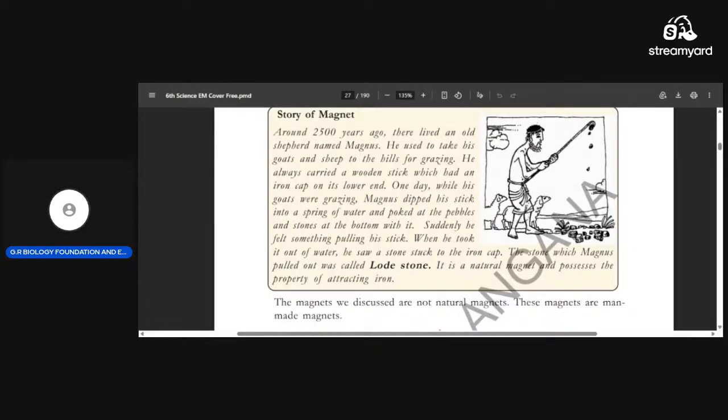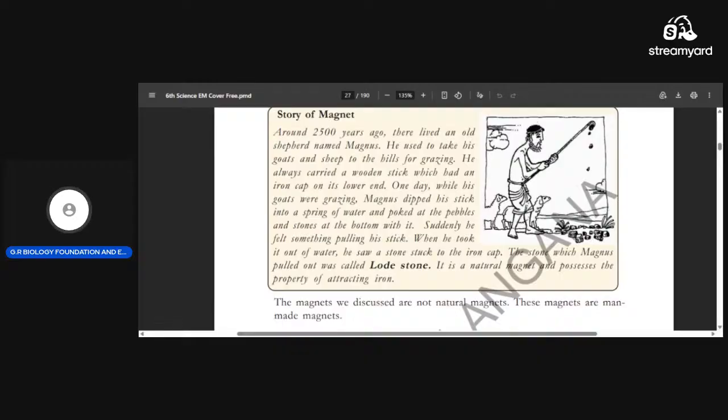He used to take his goats and sheep to the hilly areas for grazing. He always carried a wooden stick which had an iron cap on its lower end. That shepherd always carried one stick, and one end of that stick had an iron nail along with the cap.